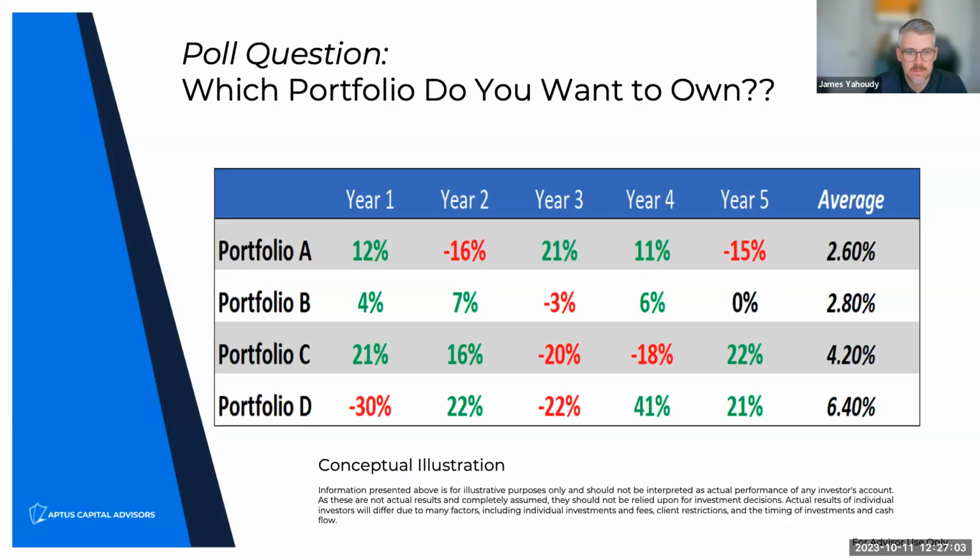I'll launch this. We're giving you the answer here, actually. In that right column, we're giving you the average return of those 5 periods. So maybe we're giving you a cheat code here. Let's give it a minute. We just brought up a poll question. Which portfolio do you want to own? Portfolio A, B, C, or D?